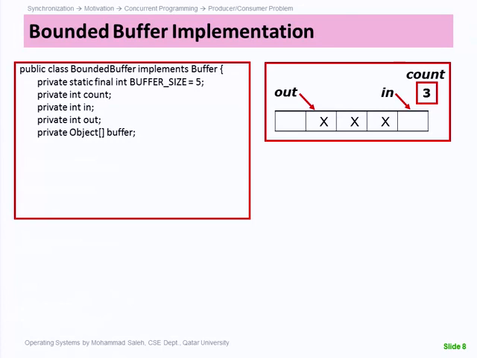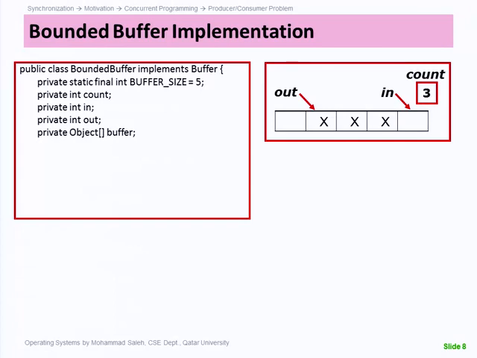These two point at the locations needed for insertion and removing an item. The buffer itself is implemented as an array, okay? Array of objects, because we can save any type of item, right?